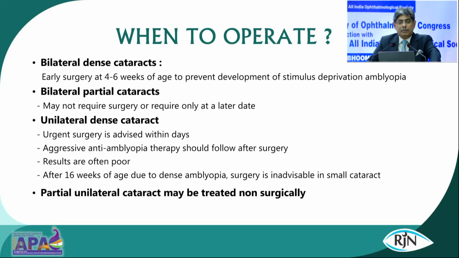Otherwise, if 4 weeks have passed, nystagmus will set in and dense amblyopia will set in in unilateral dense cataract cases. In most cases the results are often poor after 16 weeks of age due to dense amblyopia, and surgery is inadvisable in a small cataract. Partial unilateral cataract may be treated non-surgically.